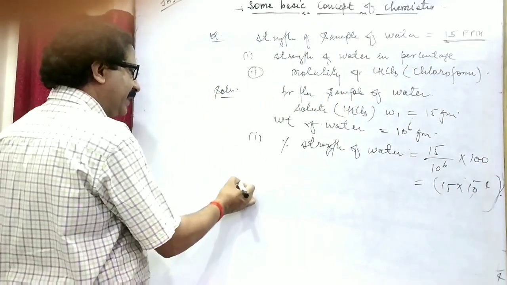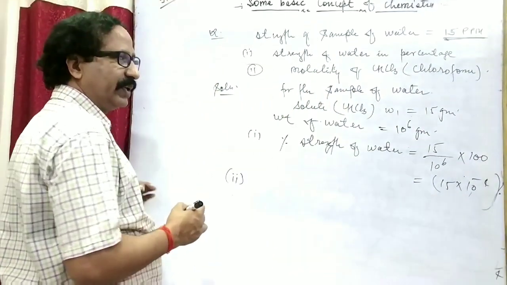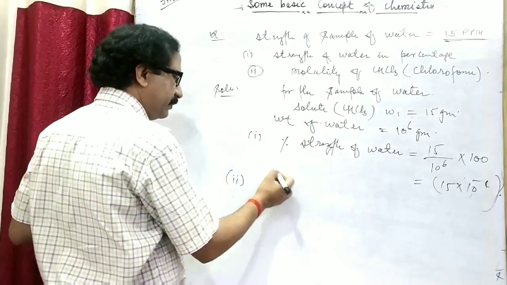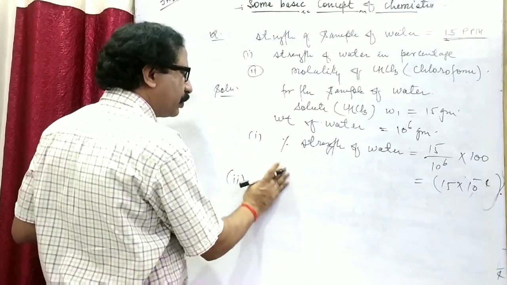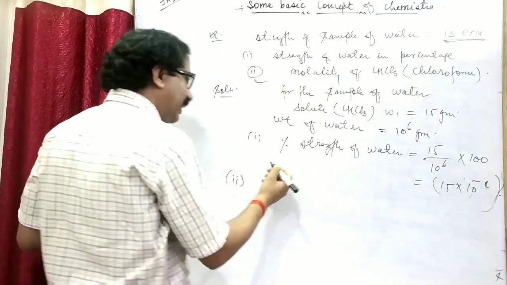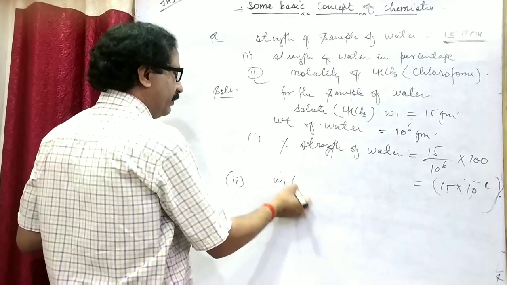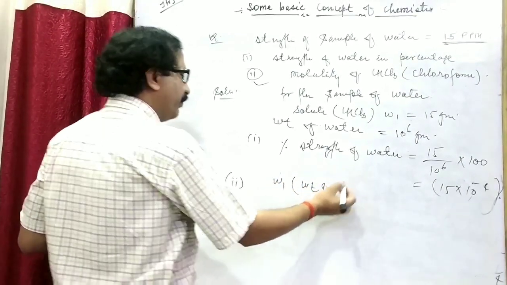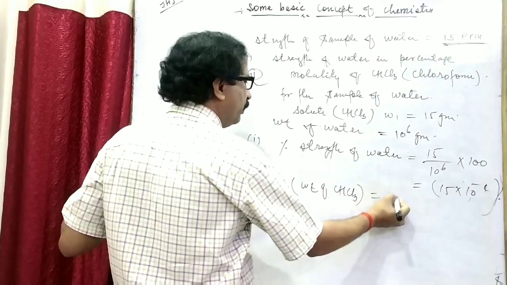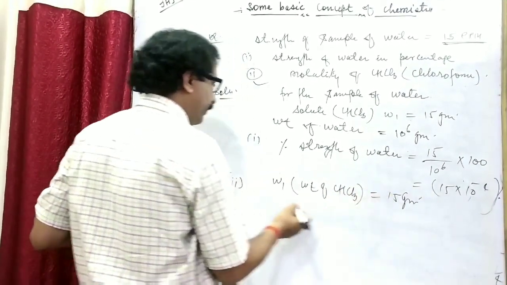Right? And in second case, you have to find out the molality of chloroform. Here W1 means weight of chloroform, already given. How much? 15 gram.